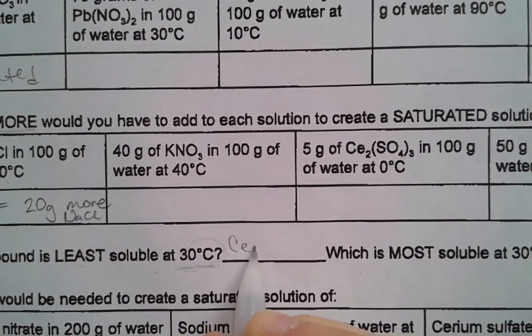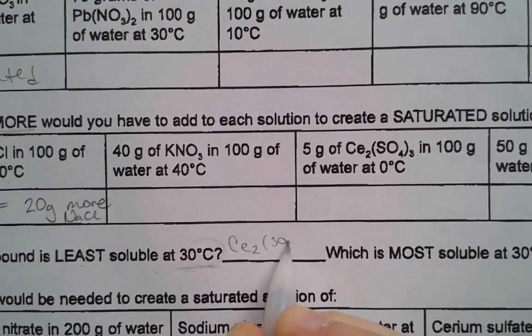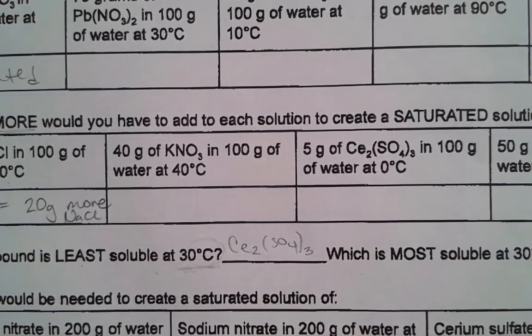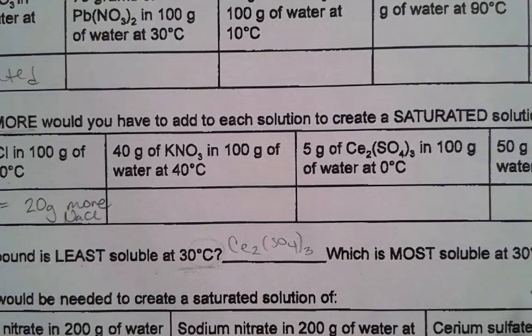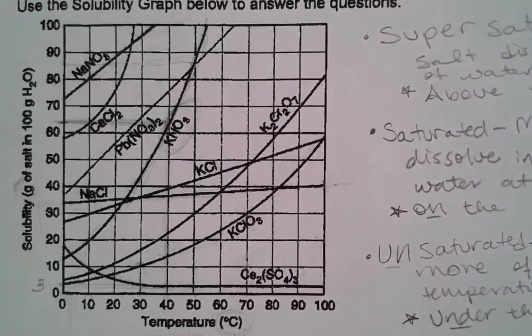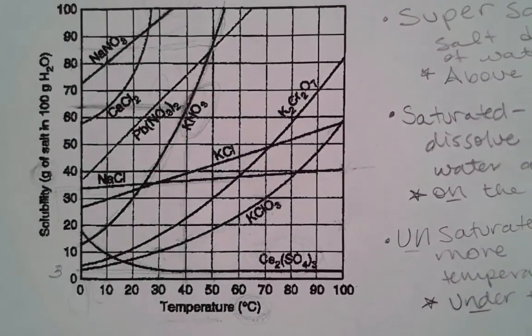And what does it mean the most then? Great. Yeah, what is the most soluble at 30 degrees? Okay. How could we figure that out? I don't know. This is the only thing that confused me about this.